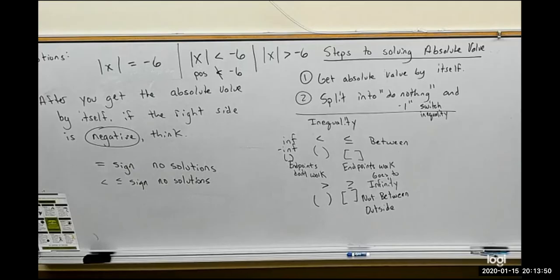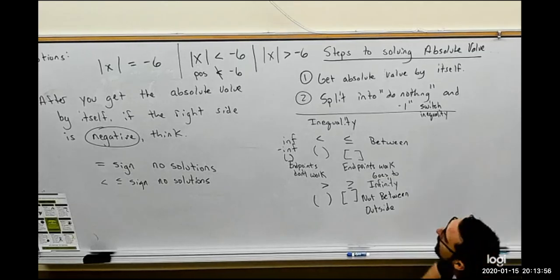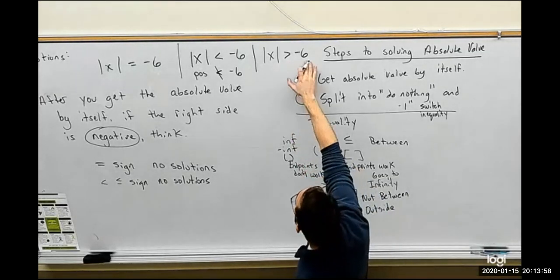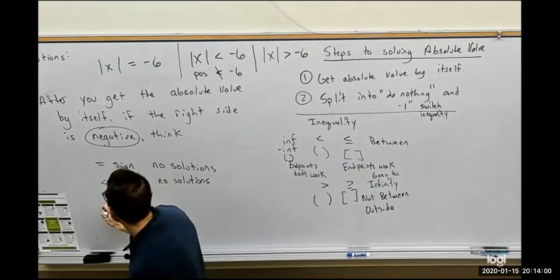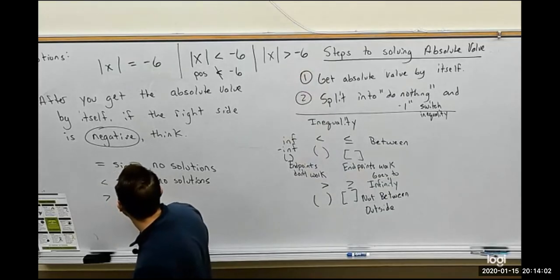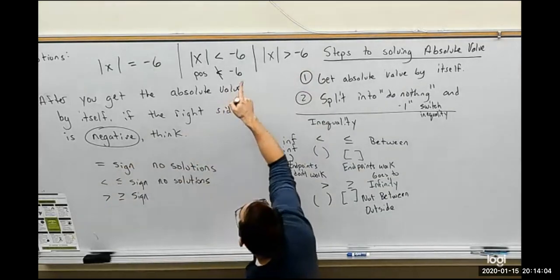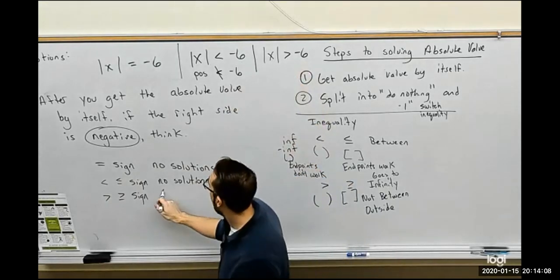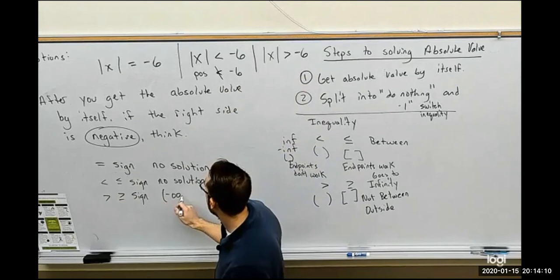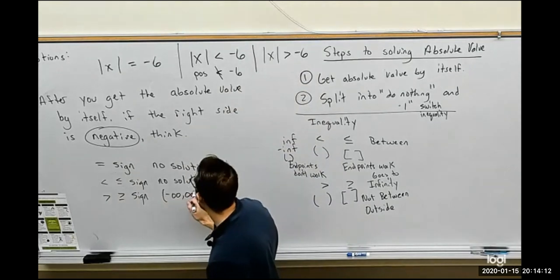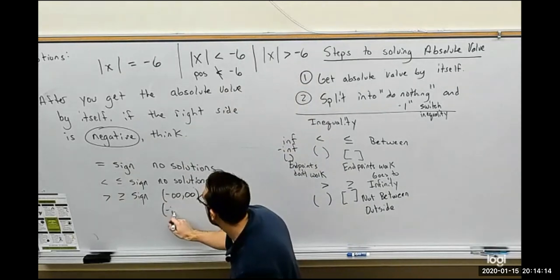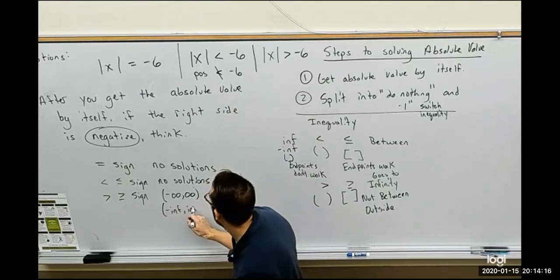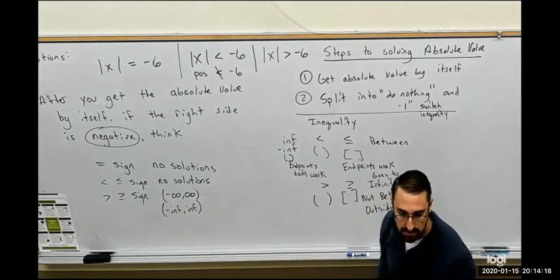All right, so what if we have the absolute value is greater than negative 6? Absolute values are always positive numbers. Positive numbers are always greater than negative numbers. So all numbers work, negative infinity to infinity, which we write in our homework as negative INF, comma, INF.